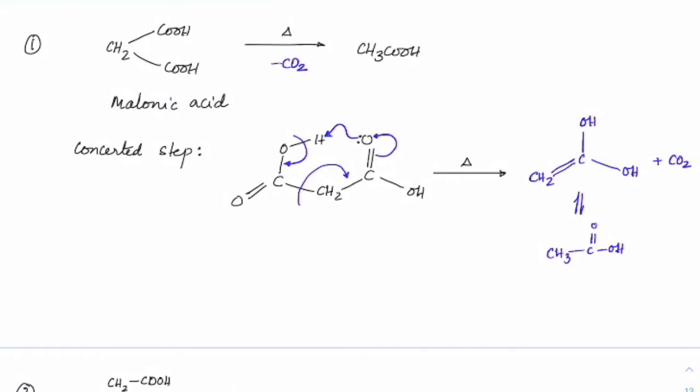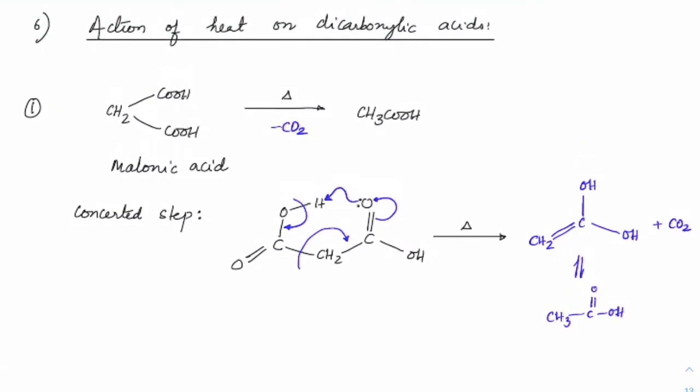Make a note of it. So wherever you find alpha carboxylic acids, you have to remove that carbon dioxide and get into the form of this acid, a single acid.